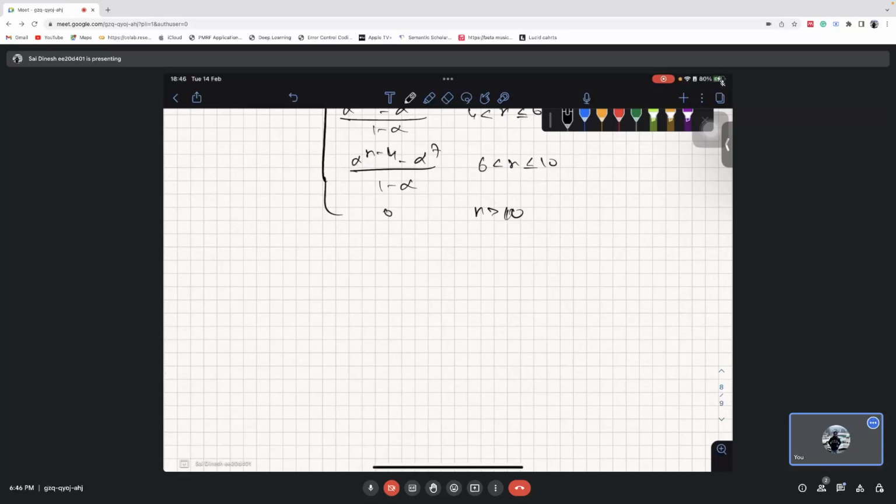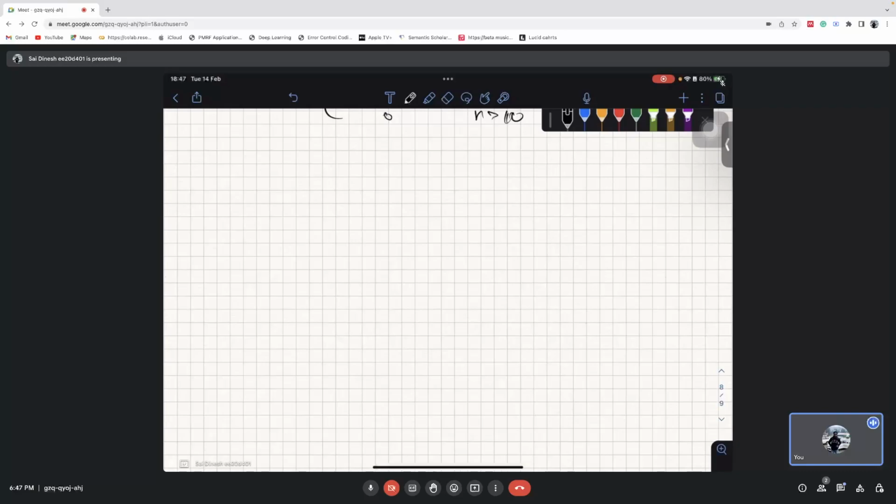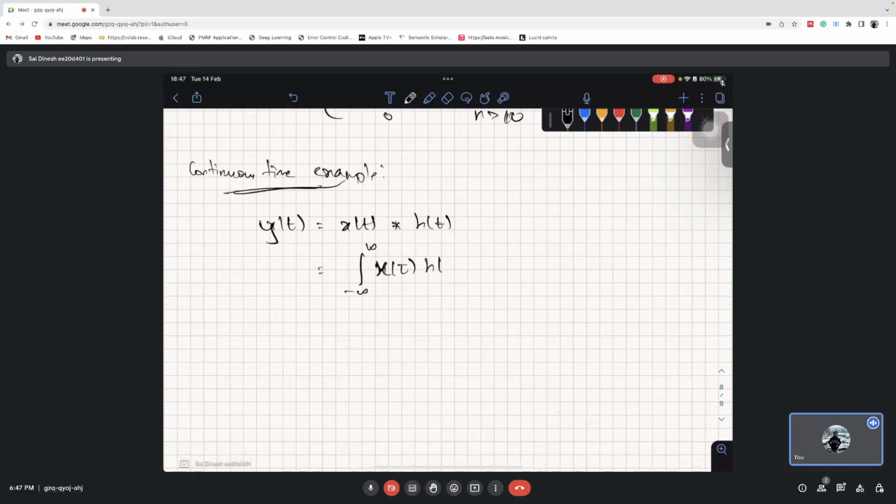In the continuous time case also, y of t is x of t convolved with h of t, which is the integral from minus infinity to infinity of x of tau h of t minus tau d tau.